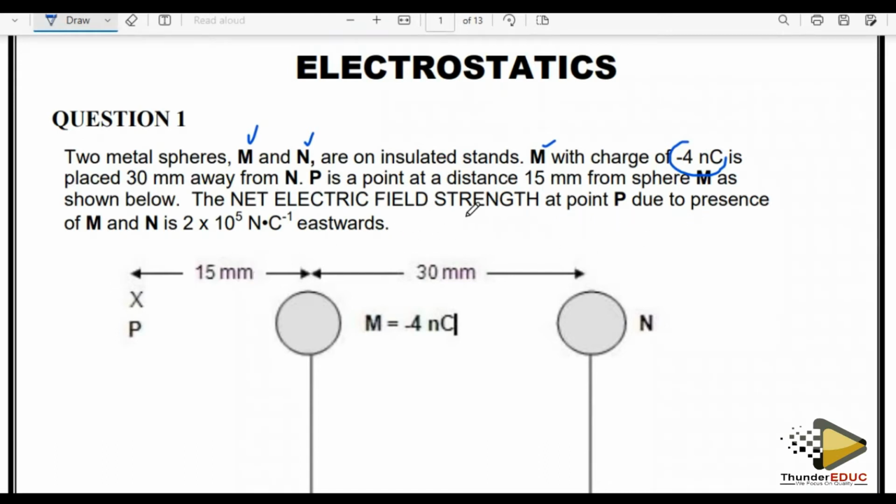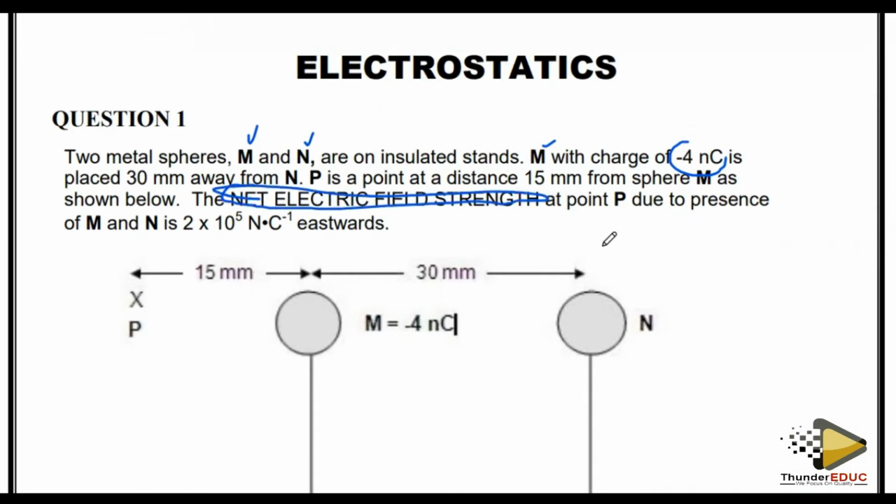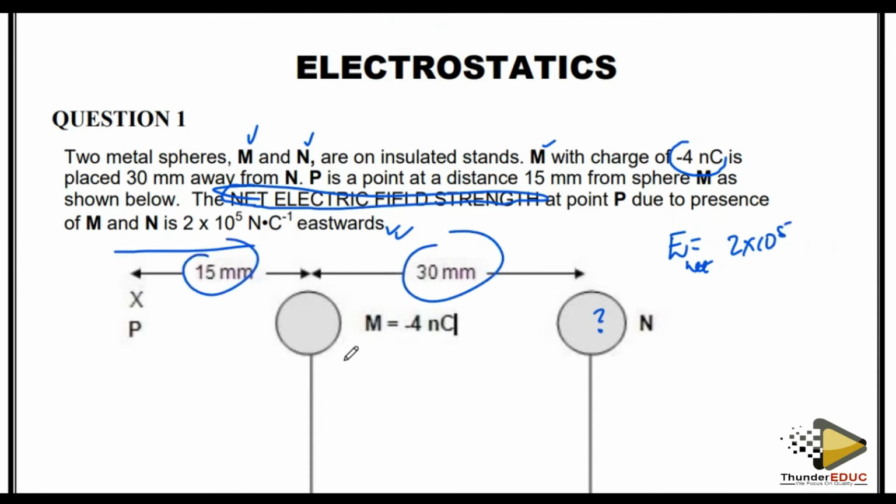Then they are telling us that the net electric field strength is acting east. So we don't know the magnitude of N, we only have E net, 2 times 10 to the 5. This distance needs to be converted to meters. We know that's negative 4 times 10 to the negative 9 coulombs.